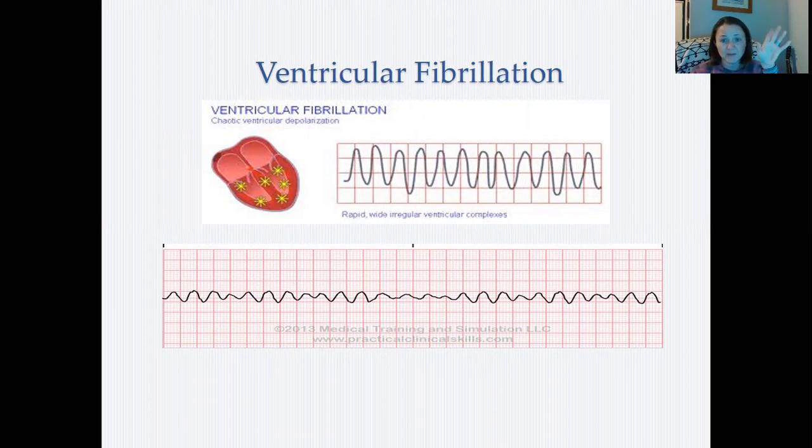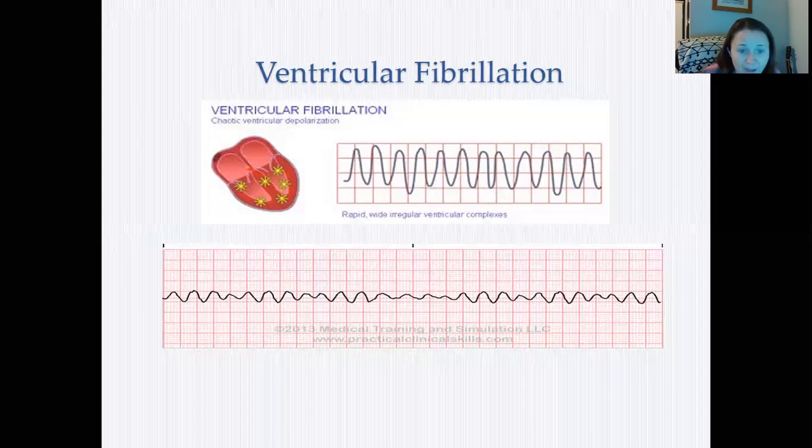With AFib you still got the ventricular beats, but with V-fib this is happening in the ventricles, so you got no perfusion. Just like we lost the atrial kick with AFib, now that's happening in the ventricles, so we have no ventricular contractions to perfuse blood throughout the body.